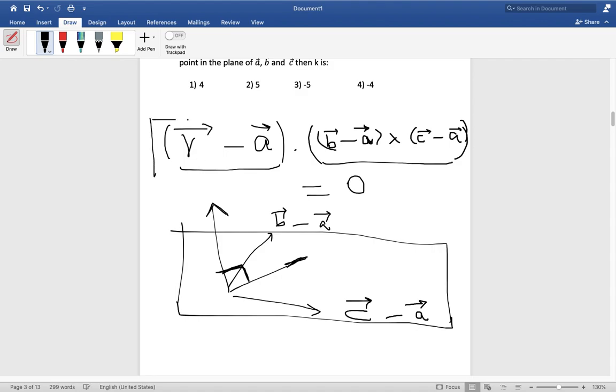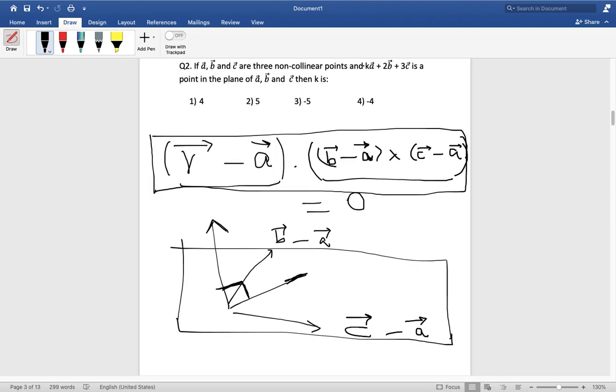So this is the result that you will have to use while solving this problem, and that's why this problem is a bit tricky. Now r is a general point which signifies the plane, and this point is lying on the plane, so you can substitute it over here.